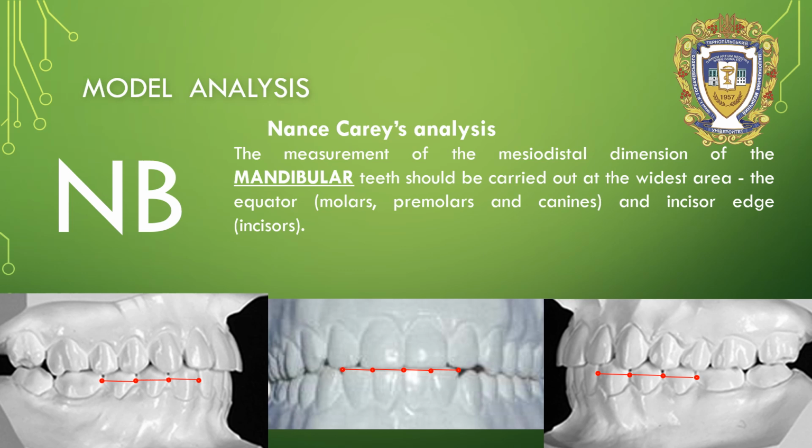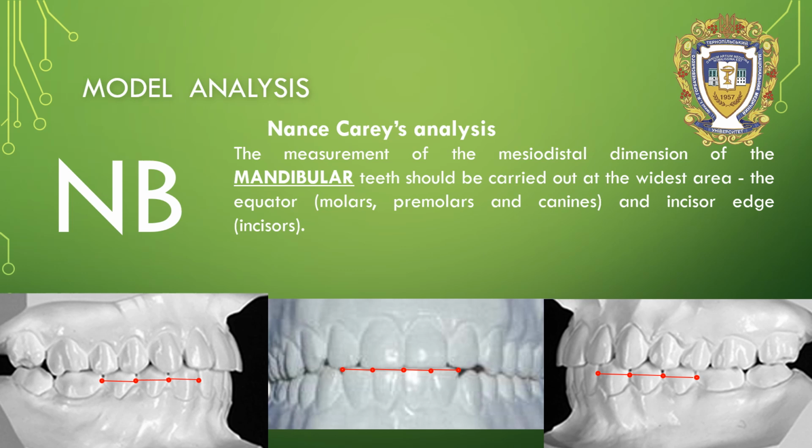But please, nota bene, the measurement of the mesiodistal dimensions of the mandibular teeth should be carried out at the widest area, the equator, in the area of molars, premolars, and canines.